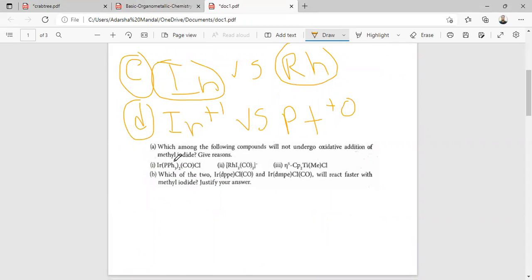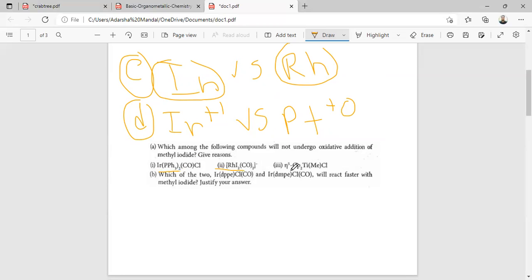So next question: among the following compounds, which will not undergo the oxidative addition reaction?